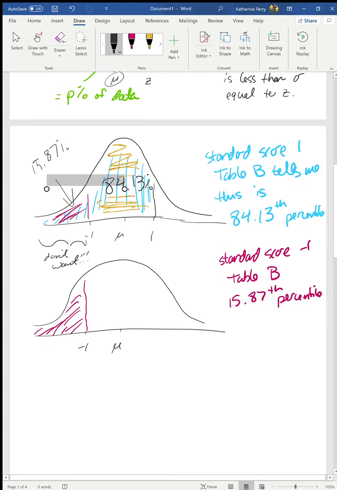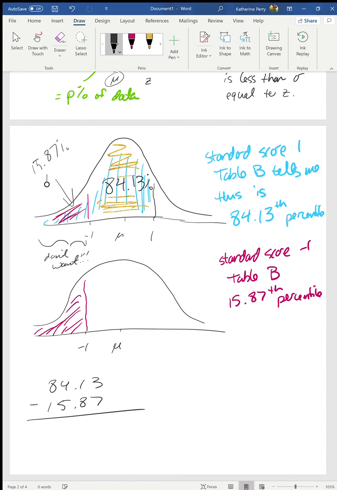And so what that means is that I take my 84.13 and I subtract from it the 15.87. And if I do that, of course there's lots of canceling, I end up with 68.26, and then if I round this, I get 68%.